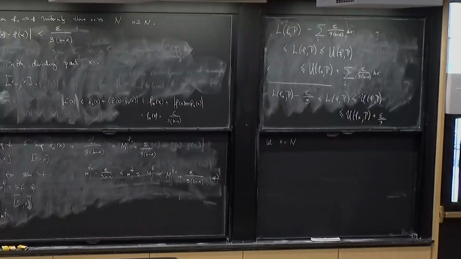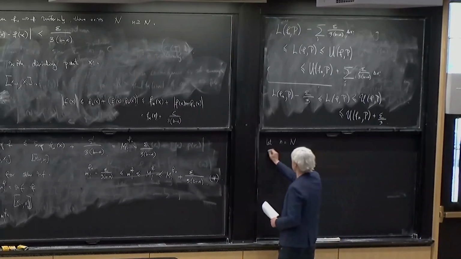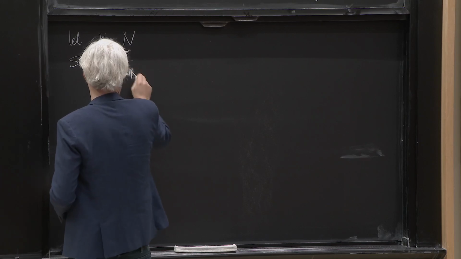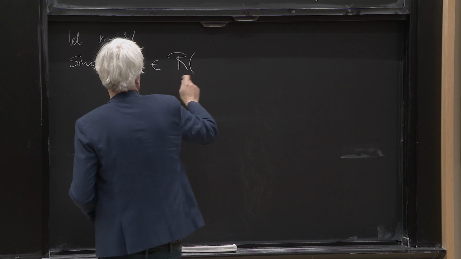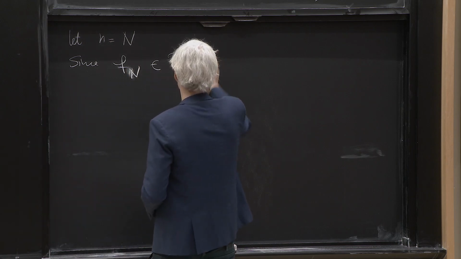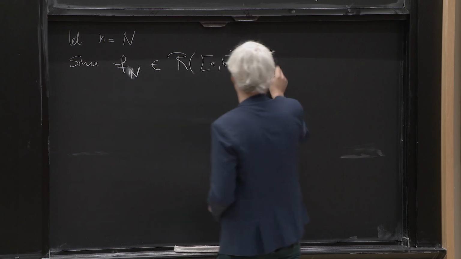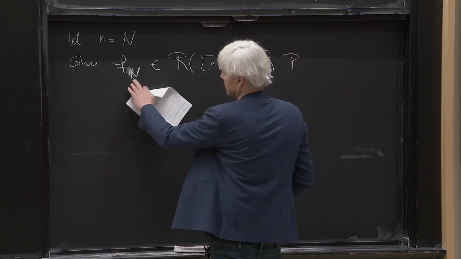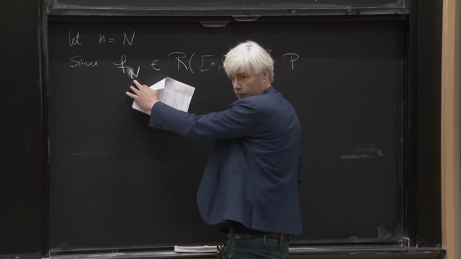And now we have that since this one function was integrable, then there exists a partition. But this is now a partition that is determined from this function here.